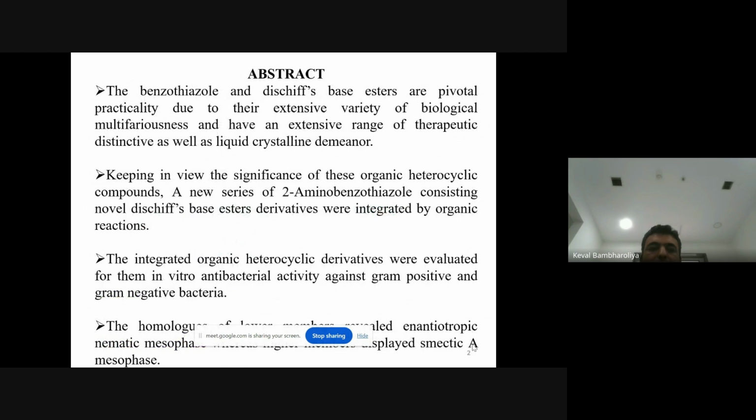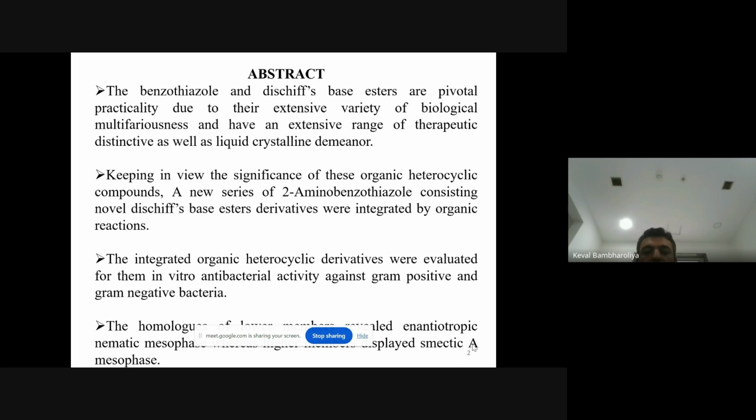Now, abstract. Benzothiazole and Schiff base esters are pivotal particularly due to their extensive variety of biological activities and have an extensive range of therapeutic uses as well as liquid crystalline demand. Keeping in view the significance of these organic heterocyclic compounds, a new series of 2-amino benzothiazole containing novel Schiff base ester derivatives were synthesized by organic reaction.